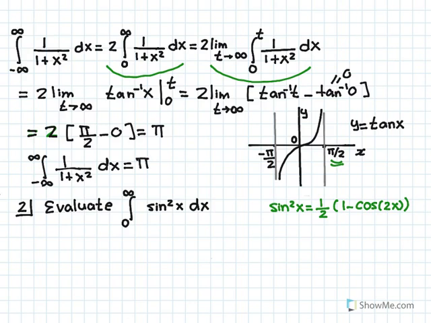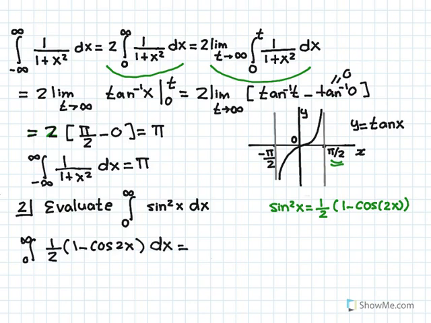All right, here we have the integral from 0 to infinity, another question, of sine squared x dx. We're going to need to apply a trig identity. Sine squared x is 1/2 times 1 minus cosine 2x. So what we have is the integral from 0 to infinity of 1 half times 1 minus cosine 2x dx.